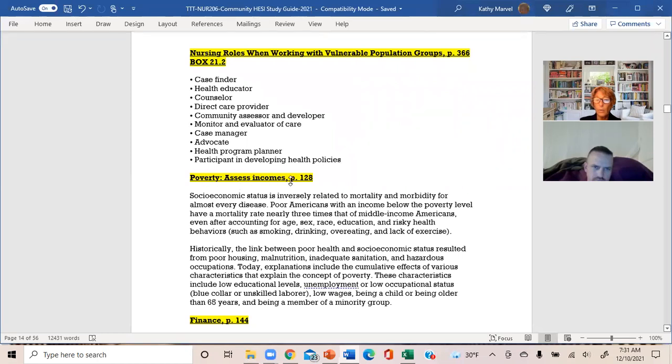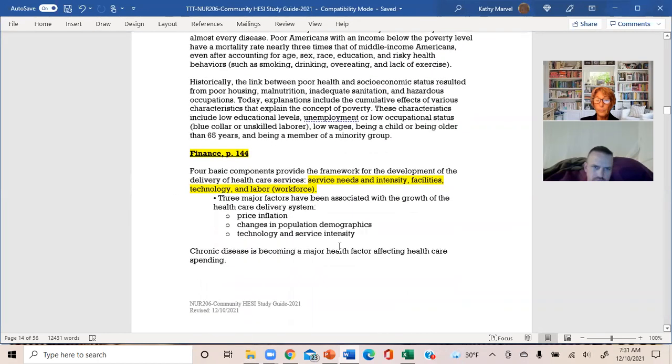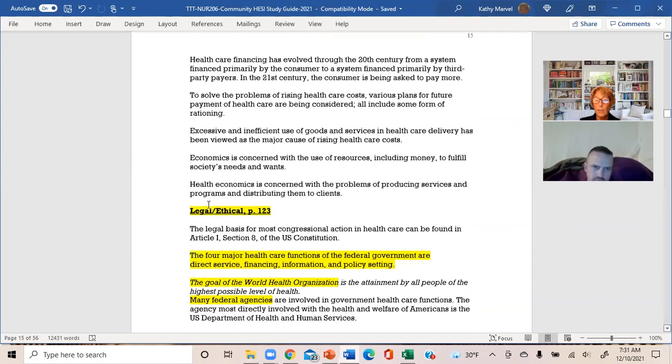Okay, how do we assess incomes with regards to poverty? Section here. As nurses in the community, we're going to be dealing with financial issues. We're going to be dealing with legal and ethical issues. We went through all of this during class.